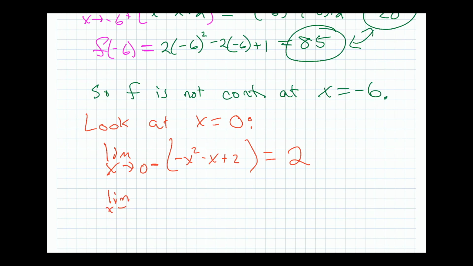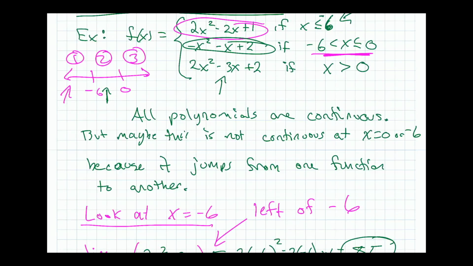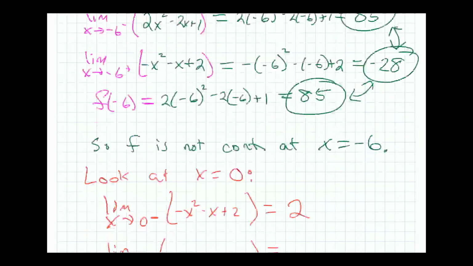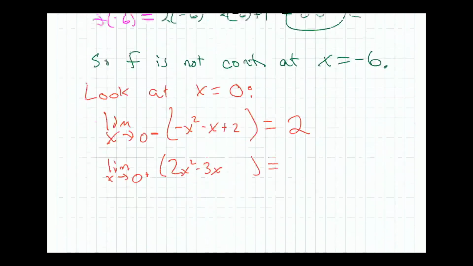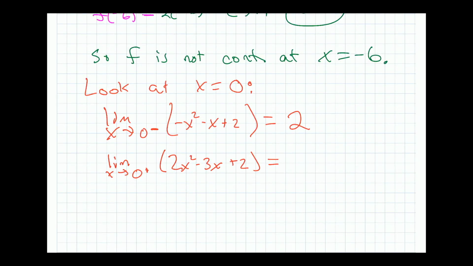You need the limit as x approaches 0 from the right. All right. If you're to the right of 0, that's this case. So you're going to be in this function. So 2x squared minus 3x plus 2. You put a 0 in there, you get 2.